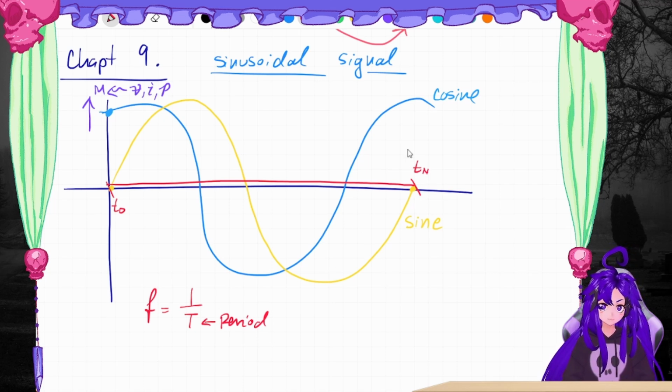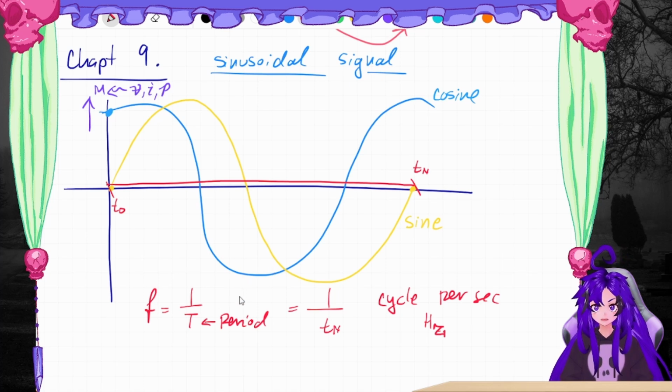So 1 over T in is our frequency. This is in cycles per second, or hertz, because trig is painful. Not kidding, that's how I remembered that unit.